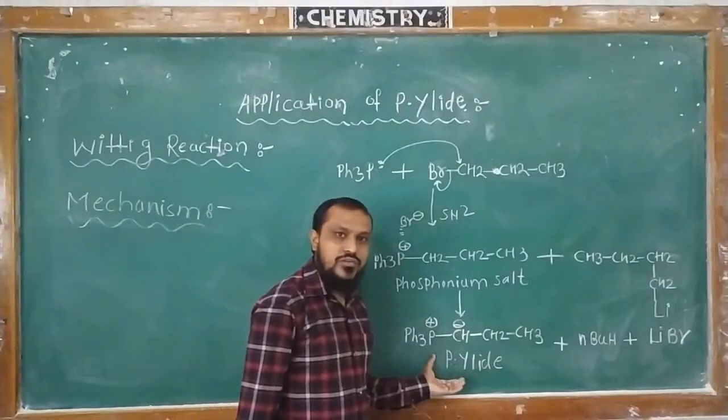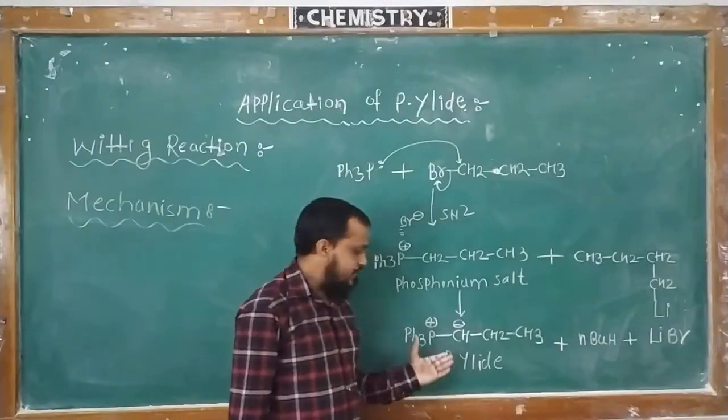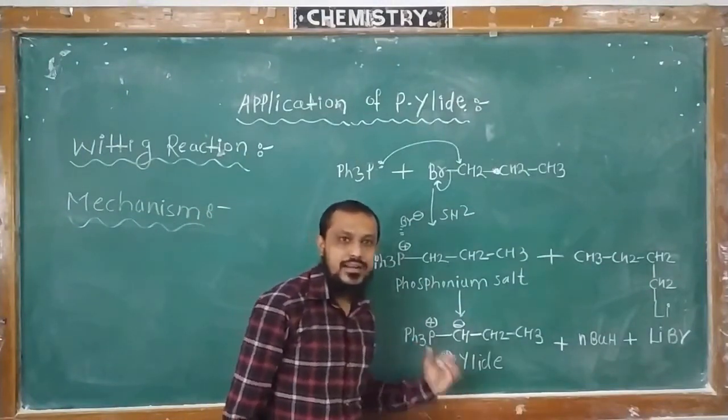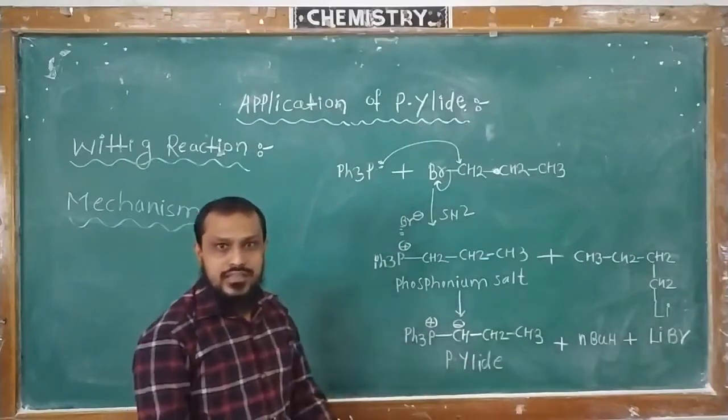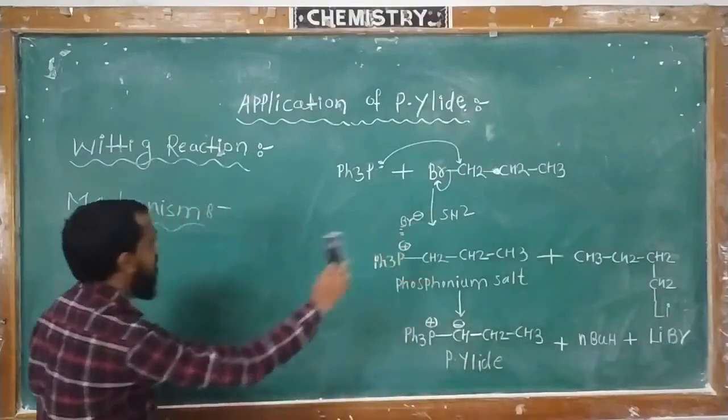After the formation of phosphorus ylide, this phosphorus ylide interacts with aldehyde. Aldehyde is the fourth reagent of the Wittig reaction.